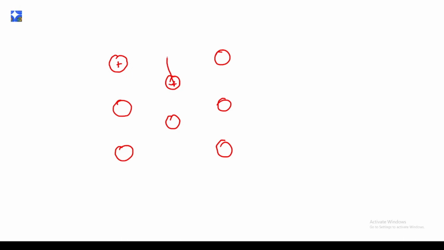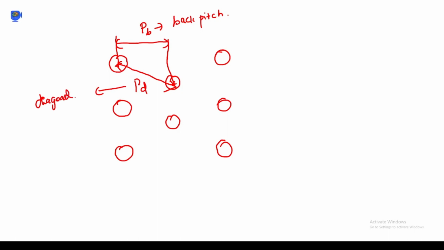From here till here, this pitch is known as back pitch. And from here to here, this distance is actually diagonal pitch. And here to here, the straight distance is simply P, which is pitch.